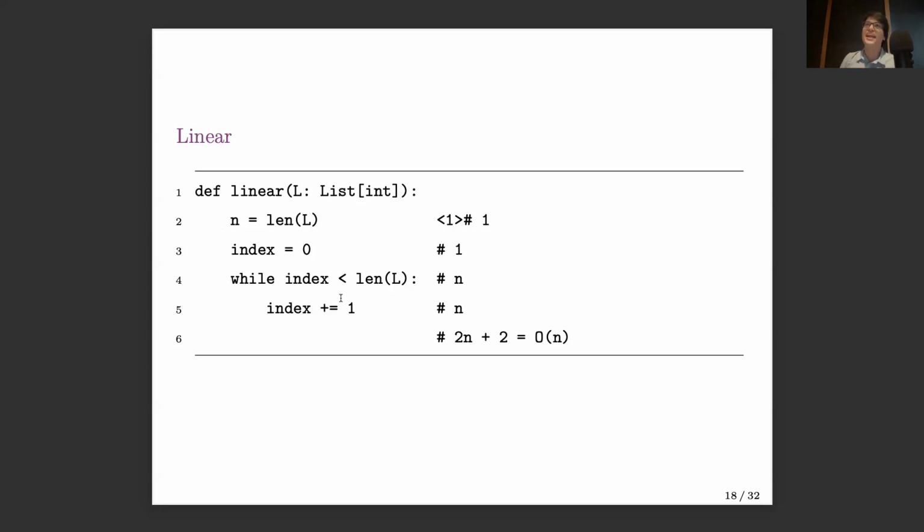This while loop is going to execute itself n times. Therefore, it's going to do n many comparisons, and n many increments of index. So we've done n plus 2 many assignments and n many comparisons. So the precise number of operations that this does is 2n plus 2.